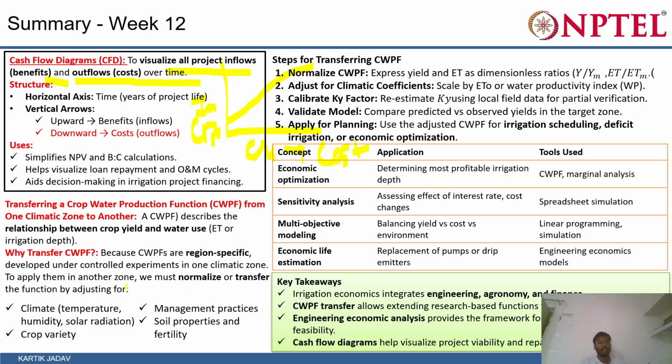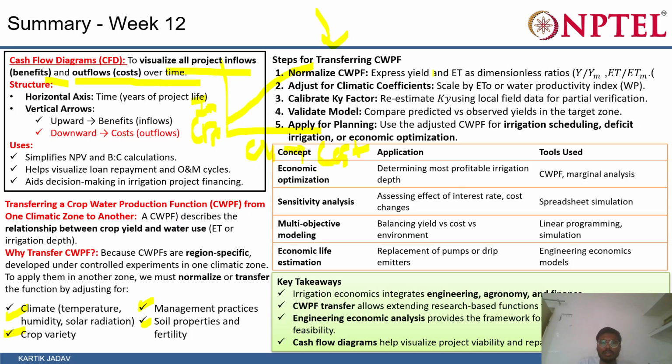We can also apply this in another zone, and before that we must normalize or transfer the function by testing climatic parameters like temperature, humidity, solar radiation, then management practices of that particular region, soil properties and fertility, and crop variety.